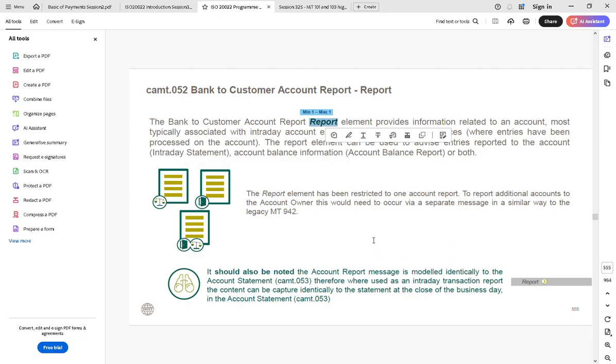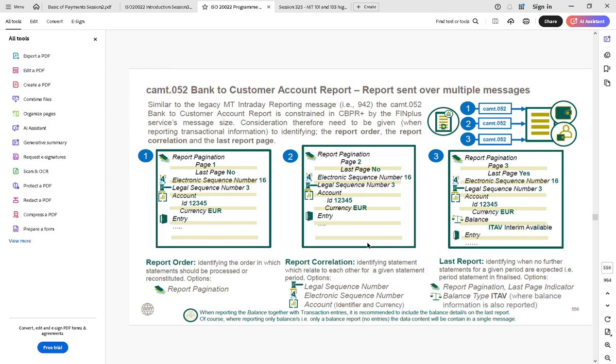Here is the report. Now we are going to see the report message. What are the things taken care of in the report? If a report has been sent multiple times, you can see three pieces of data there.